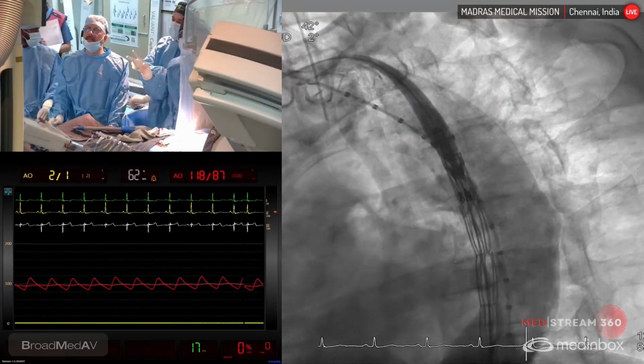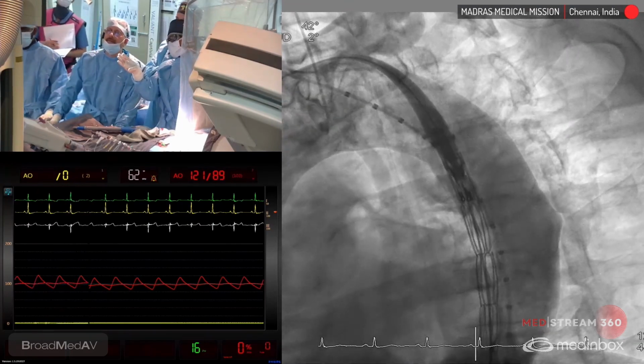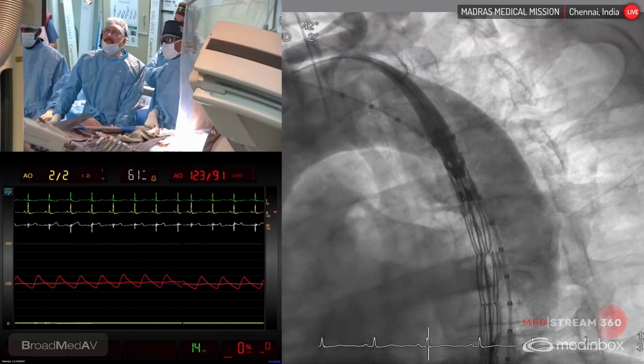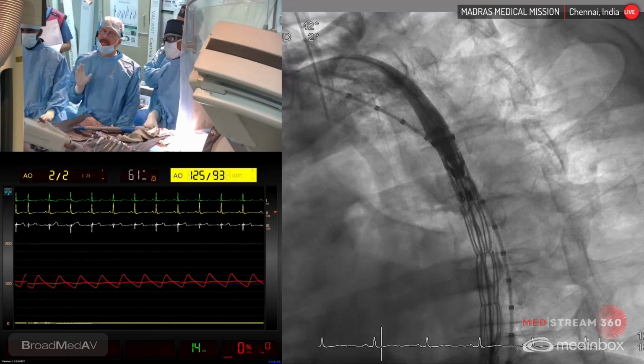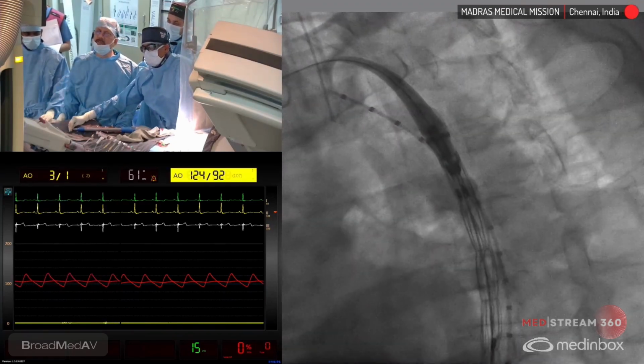So now from the subclavian, the pigtail marker shows 4 markers, which means we are almost 40 millimeters. So maybe we should go a little in, so that we get more landing zone proximally.